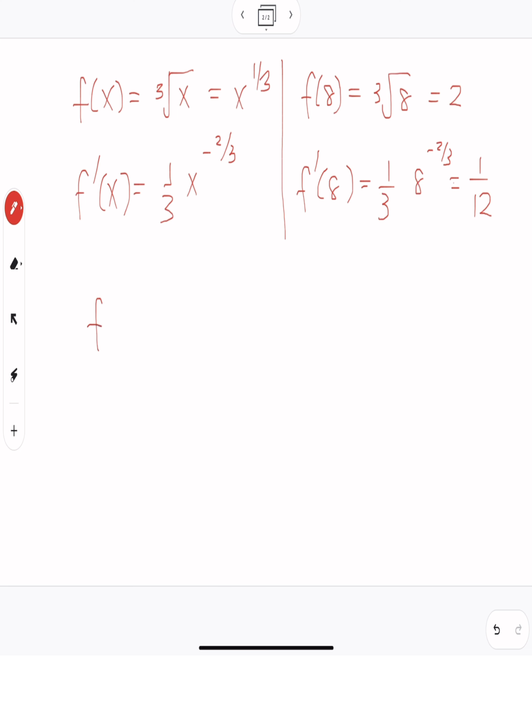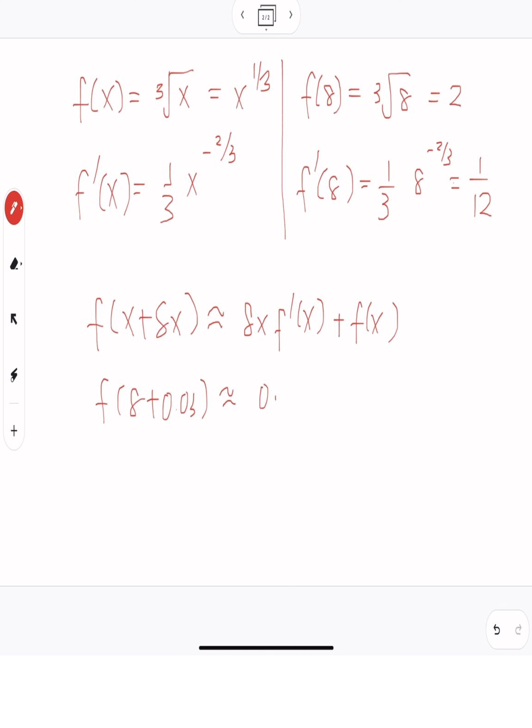Therefore now we have f(x plus delta x), which is our formula, which is not equal, but approximate to delta x f prime x plus f(x). Since we want 8 plus 0.03, our approximate value of this one will be 0.03 times f prime, which is 1 over 12, plus our f(x), which is 2.